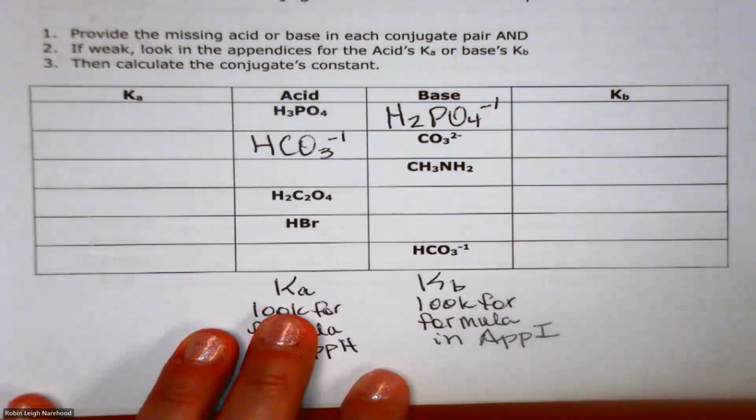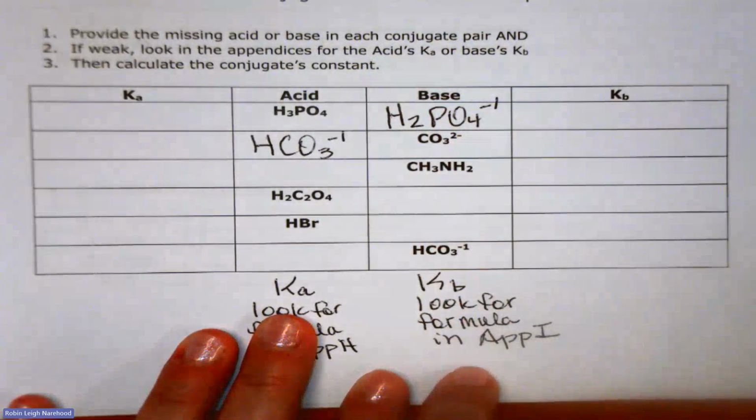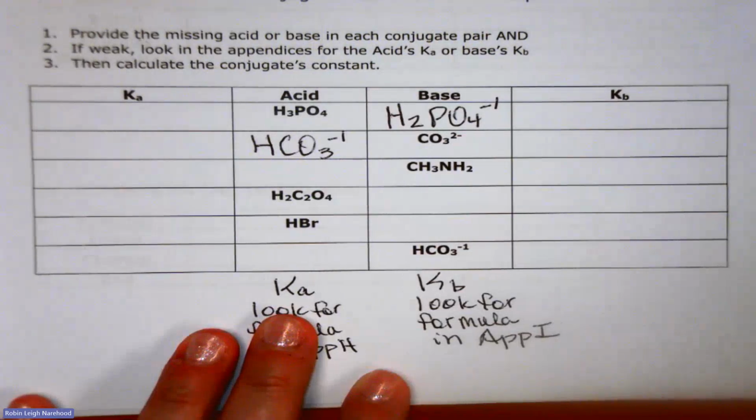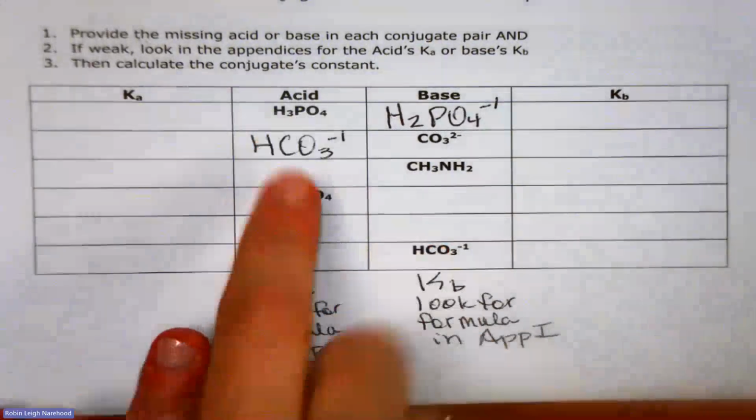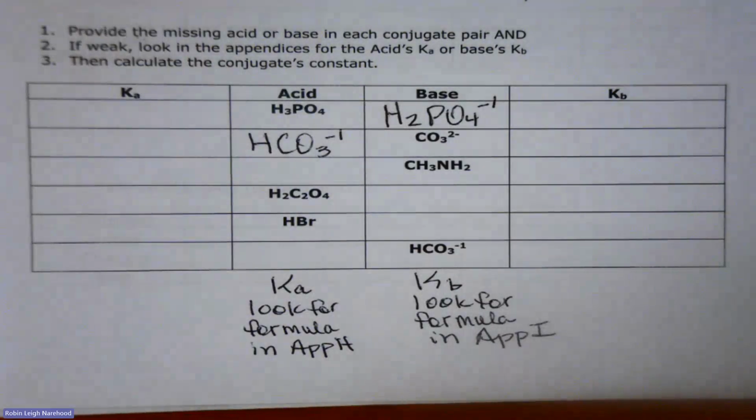No. So anything that has a charge on it, you're not going to have to even look at Appendix I because it's not going to be there. There's only 5 molecules in our Appendix I. Okay, and so see if you can find the correct constant. And if there's not a constant, again, you only have constants if it's weak. If it's strong, it will not have a constant.